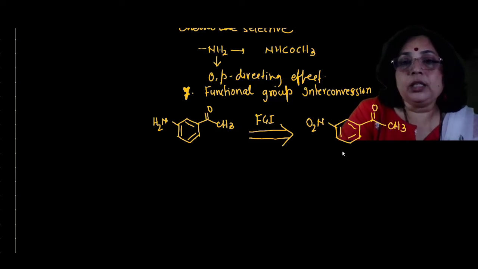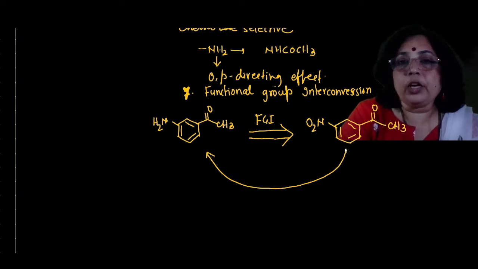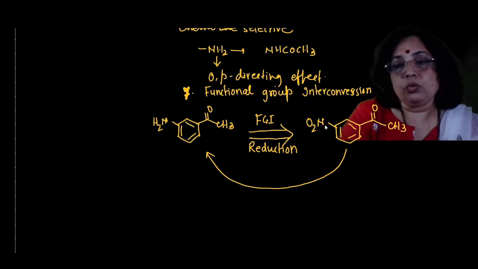Now, as we know, the thought process is from right to left. So whatever operation I am doing, put it as a reduction. So the reduction will give you this information. If I put FGI and the reduction, it means that NH2 is converted into NO2.